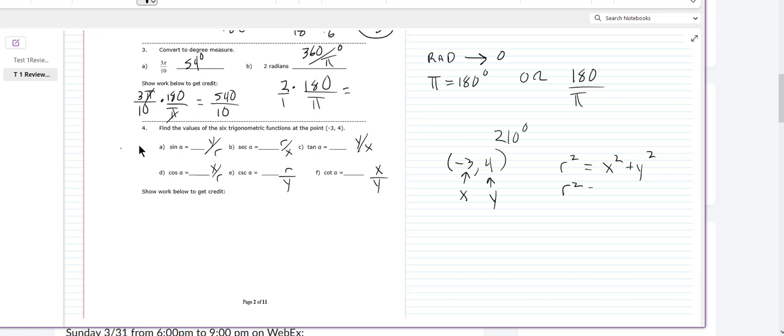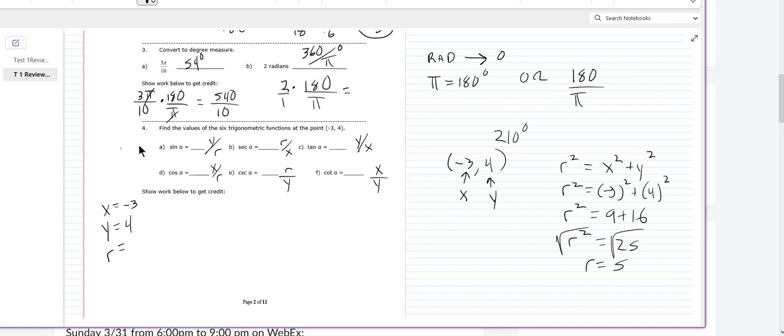We work out -3 squared plus 4 squared, so r squared is 9 plus 16, that is r squared equals 25. Then if you square root both sides, you get r equals 5. So in this problem, x is -3, y is 4, r is 5.